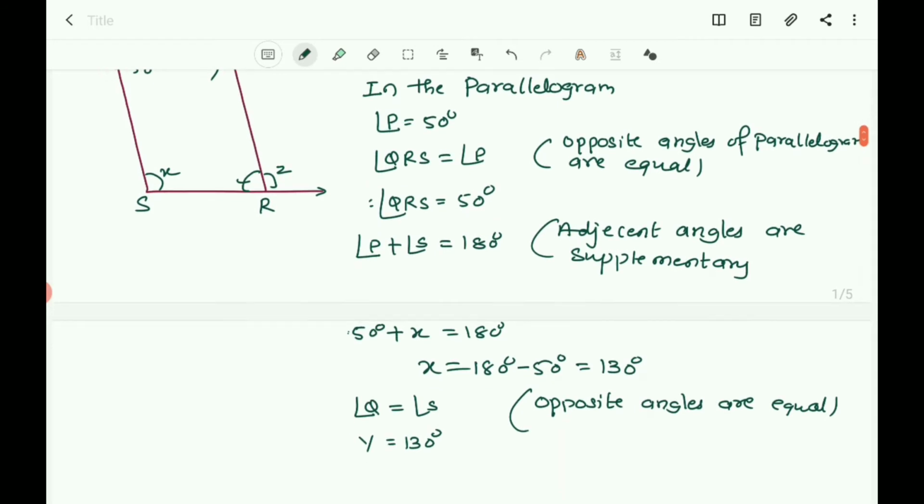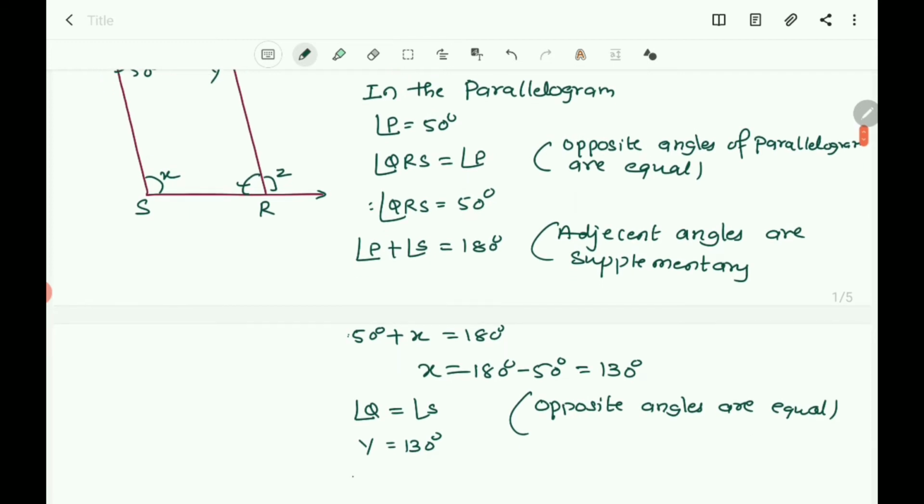Next here z. You know that here there is a linear pair. Z must be equal to x. Why? Here PS and QR are parallel.